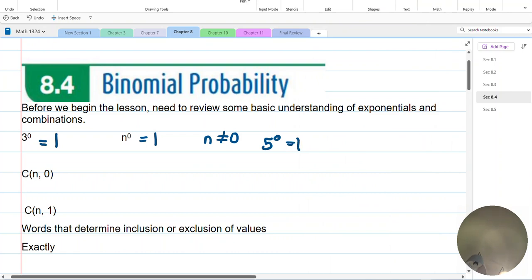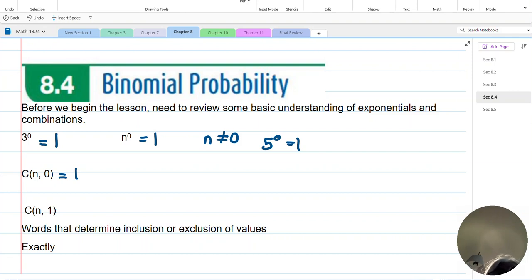Okay, the other one is this. We had it both in our lecture and in our homework. It states that the combination of any sample space choose 0 is always 1. That means if I have a group of 5 elements and I choose none to make a group out of, then I have one way of doing it.